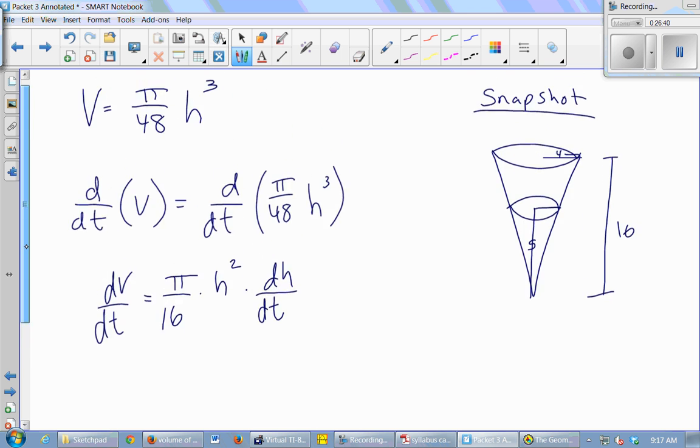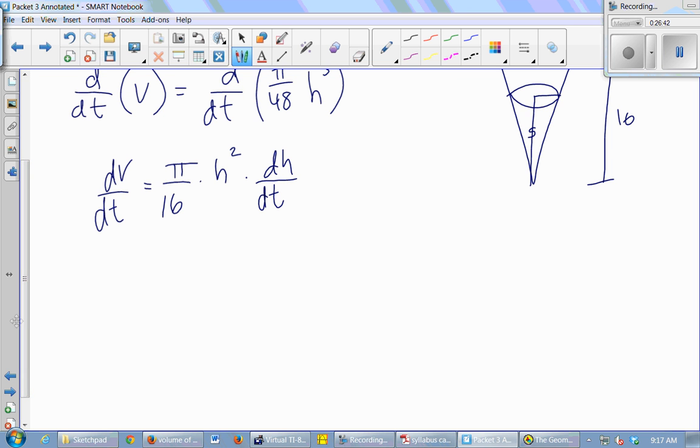dV/dt was what? 2. So 2 equals pi over 16 times 5 squared times dh/dt, which is what I'm looking for. And then I just solve for dh/dt.